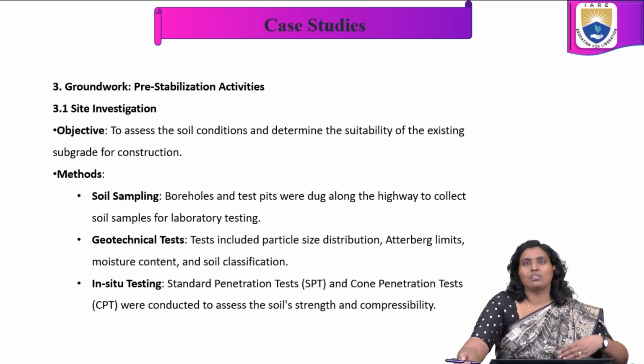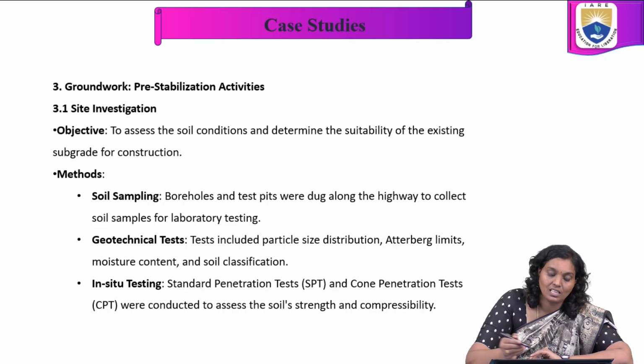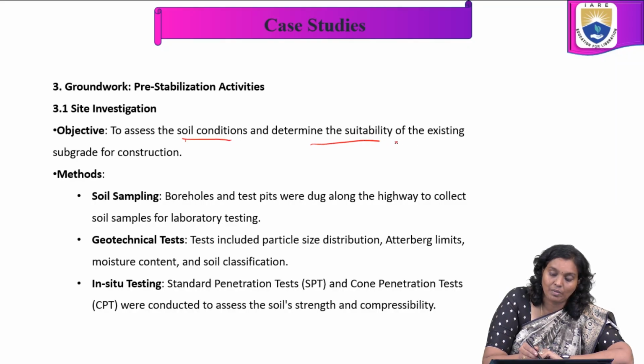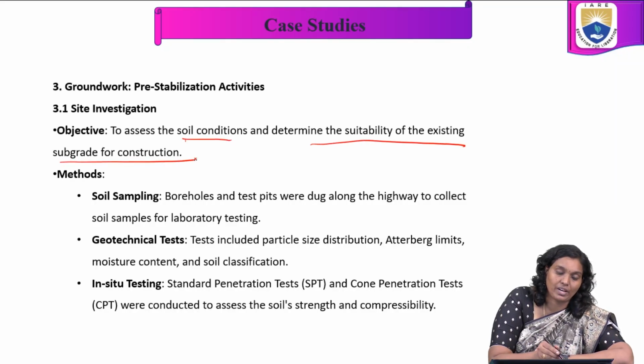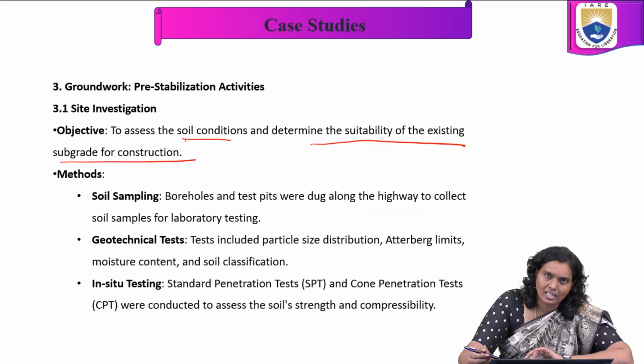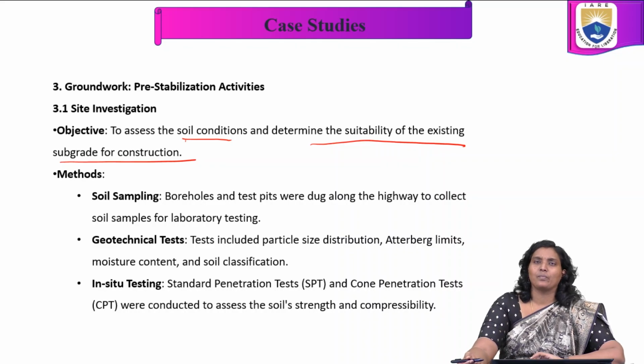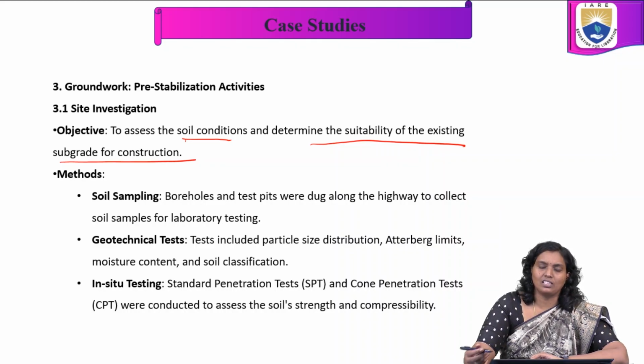We chose this for the pre-stabilization activities, the groundwork, the site investigation to assess the soil conditions and determine the suitability of the existing subgrade for the construction. Here, soil sampling, geotechnical tests, and in situ tests were conducted. In soil sampling, boreholes and test pits were dug along the highway to collect soil samples for laboratory testing.